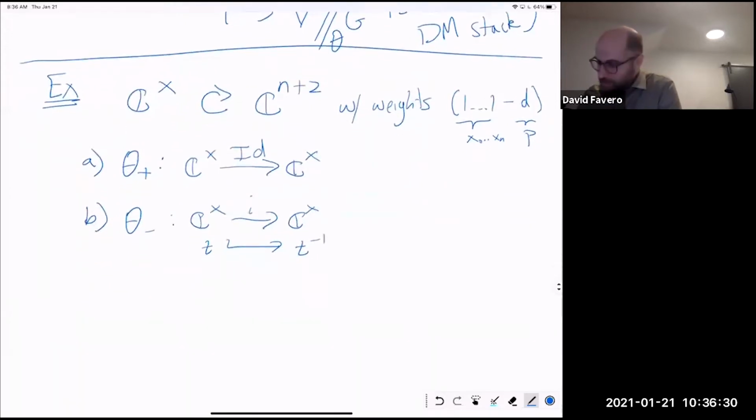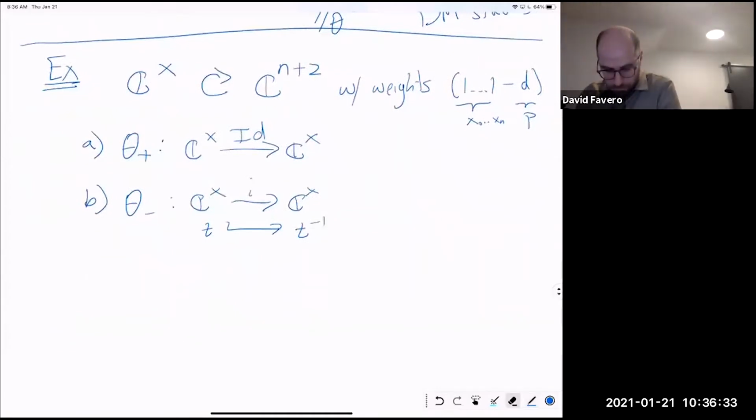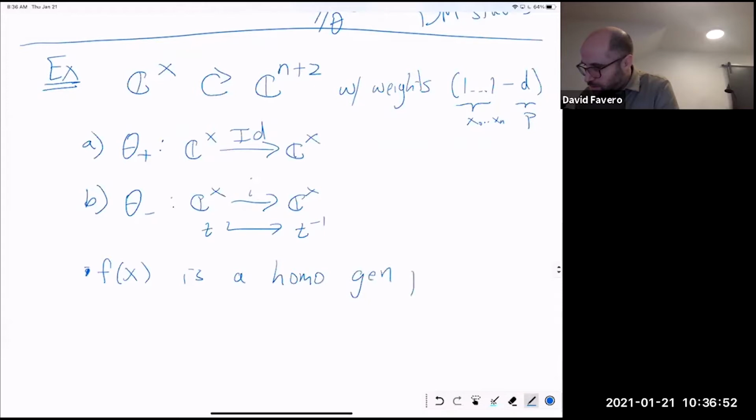Okay, and I'm going to let f of x be a homogeneous polynomial of degree d. I could probably say any here since I'm not making any statement, but I'm going to want it to have an isolated singularity at the origin. So then I'll define W to be p times f of x.